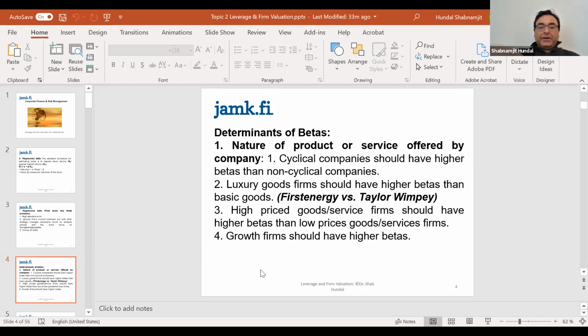And this third point is concerned with the second point. The fourth point is that growth firms should have a higher beta, because growth companies are growing very fast, but at the same time the probability of downfall is always higher than for the average company. So growth companies can have a higher beta as well.